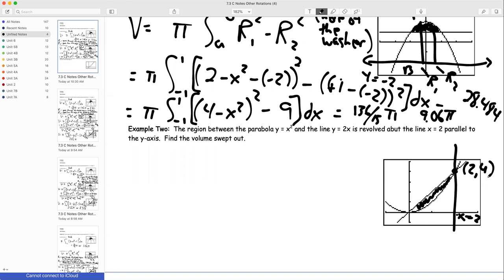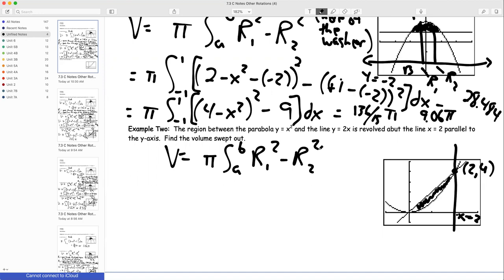And I am rotating this shaded region about the vertical line x is equal to 2. Therefore, this is a washer. Therefore, it's going to be pi integral from a to b, r1 squared minus r2 squared. So if this is the case, label your R1 and your R2.